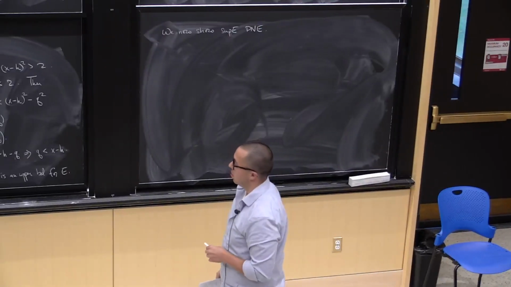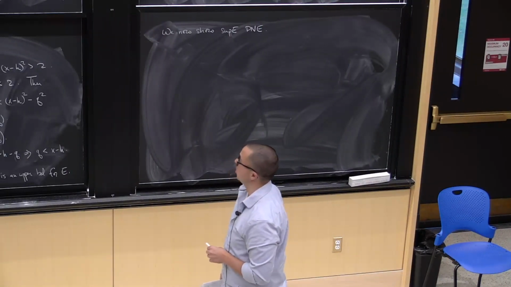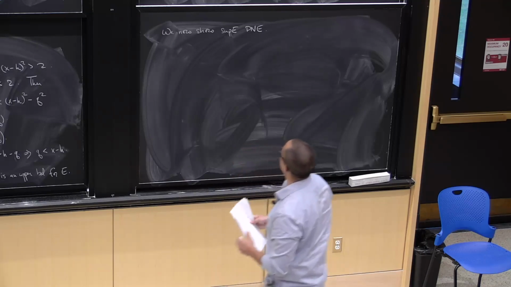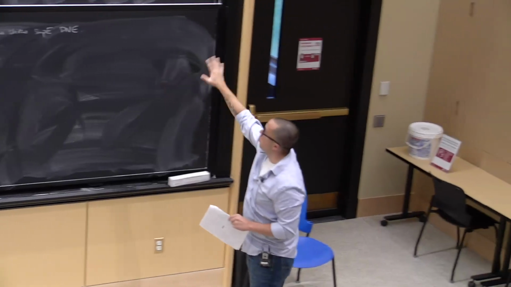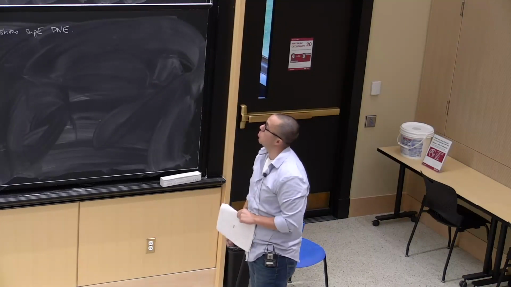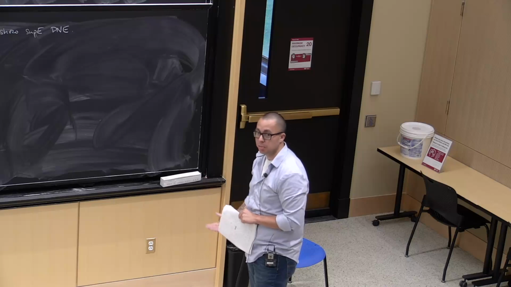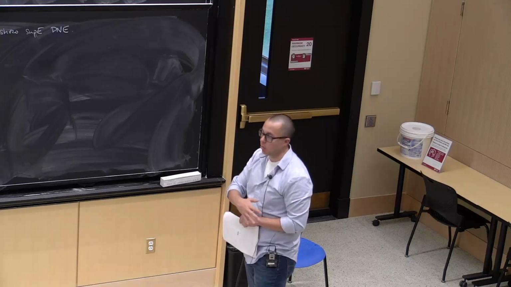Meaning not by contradiction. For example, this first little proof that E is bounded above is a direct proof, meaning I prove directly that it's bounded above. I do not assume that it's not bounded above and arrive at a contradiction.